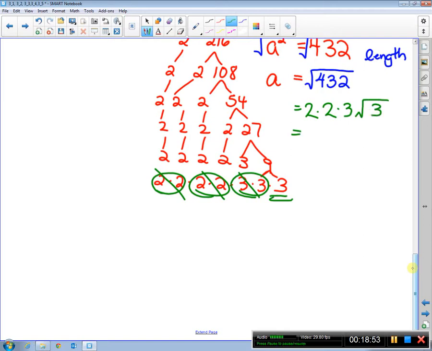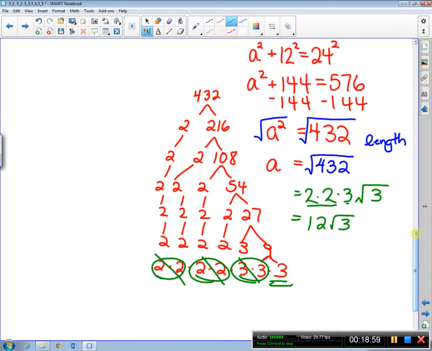So 4 here times 3 is 12, square root of 3. And I could do a little check if I want. That means that 144 went into my original 432. And yes, it does. See you tomorrow.